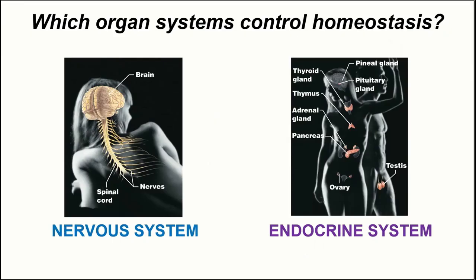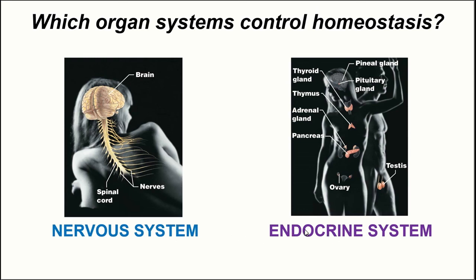Earlier we talked about organ systems. We'll look here at the organ systems that control homeostasis. Probably unsurprisingly, the two organ systems that control homeostasis are the two that are responsible for signaling and communicating in the body. Remember, we only had two of those organ systems that signal and control: the nervous system and the endocrine system.